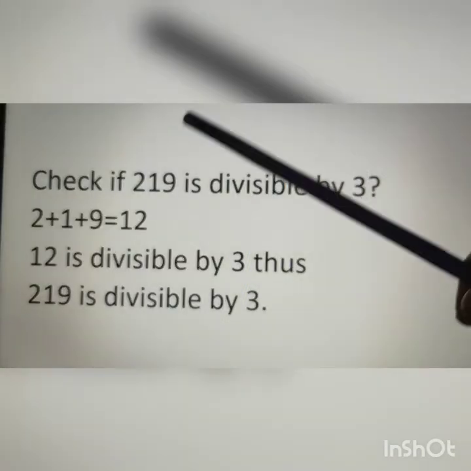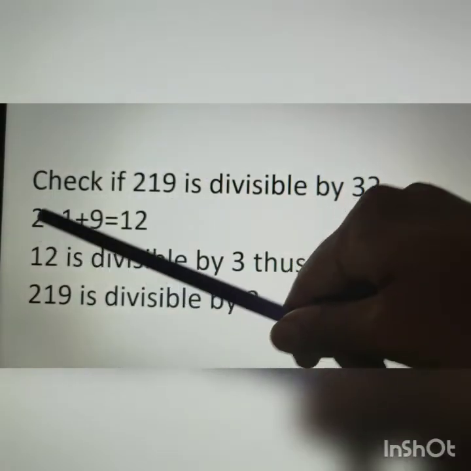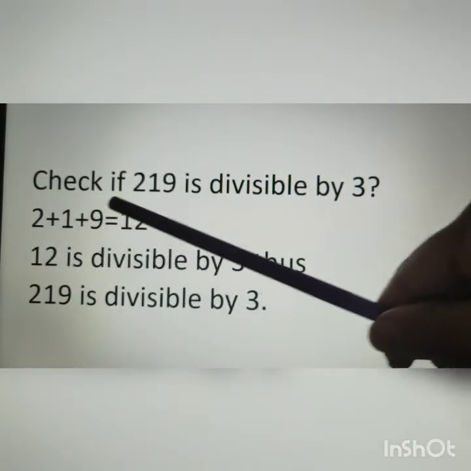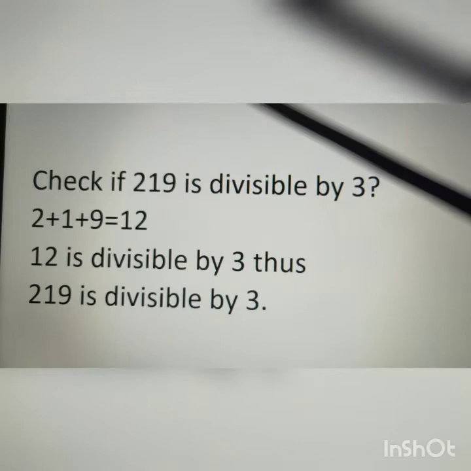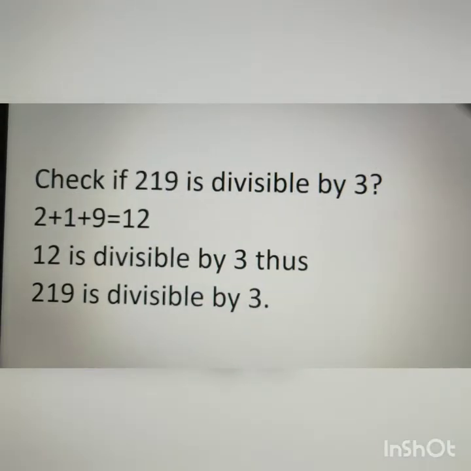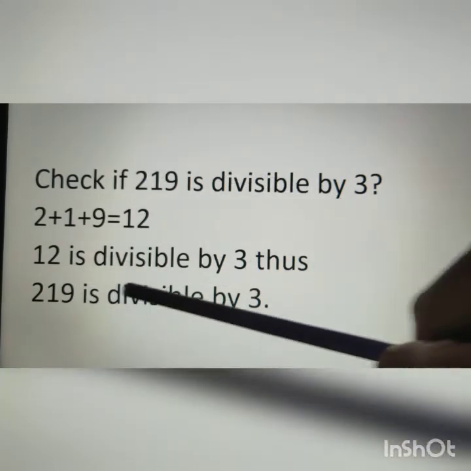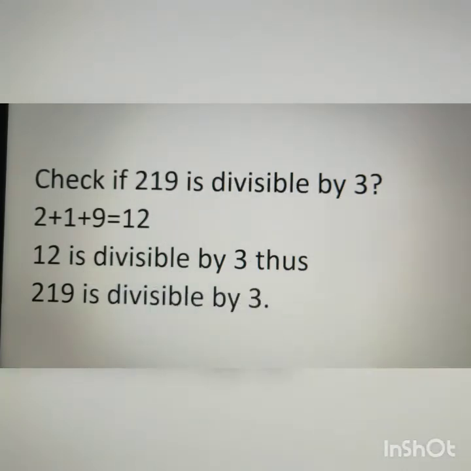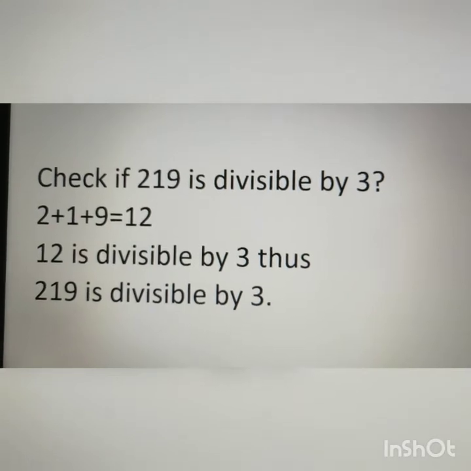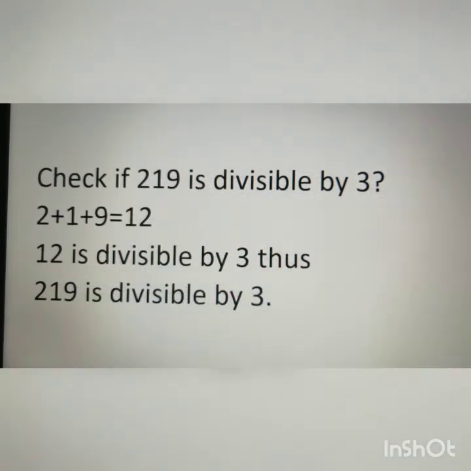Therefore, sum of digits of 219 is 2 plus 1 plus 9 is equal to 12, and we know 12 is a multiple of 3. So, 12 is divisible by 3, thus 219 is divisible by 3. So, without dividing 219 by 3, we can say 219 is divisible by 3.